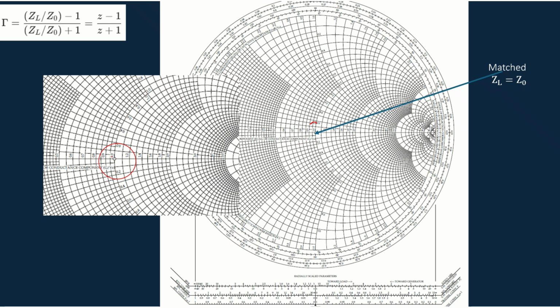So this is how we identify the matched load. By normalization, we can make sure that 1 on the resistance line corresponds to the matched load.